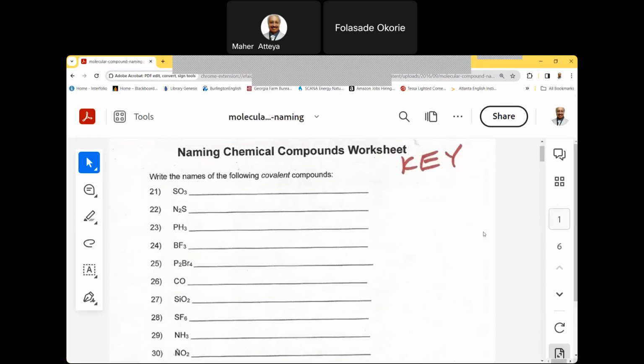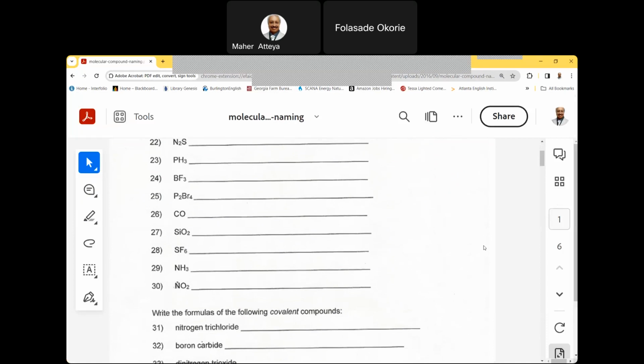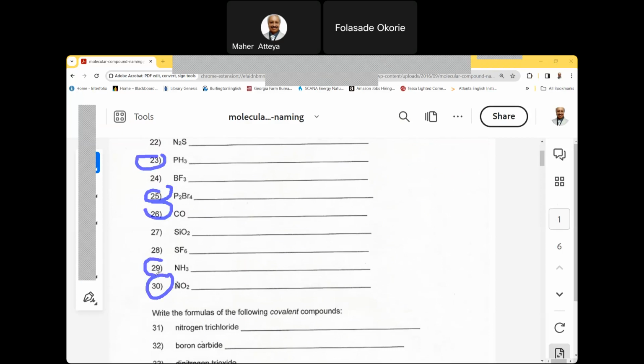I like 24, 28 maybe, and 26. I'll circle those: 24, 25, 26, and 30 here, 29. Put the name of them, and then if I give you the name, you write me the charge.